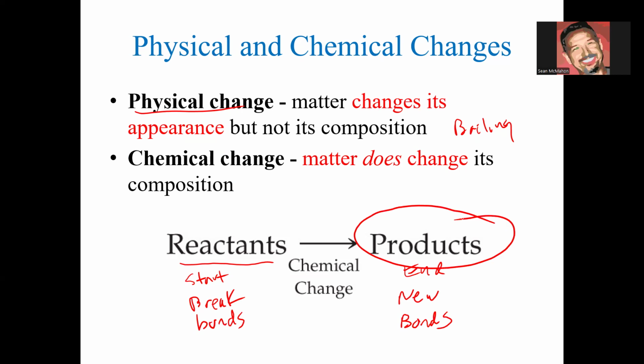So what's an example of that? Well, if I take that same piece of paper earlier that I had squished up or ripped, what if I light it on fire? Does it stay paper? No. It turns to CO2 and water vapor, gas, and you might have some ash, some carbon left over. And what else does it do?